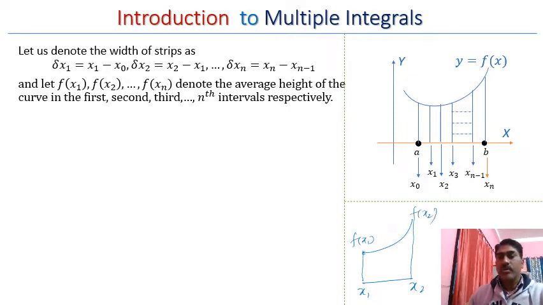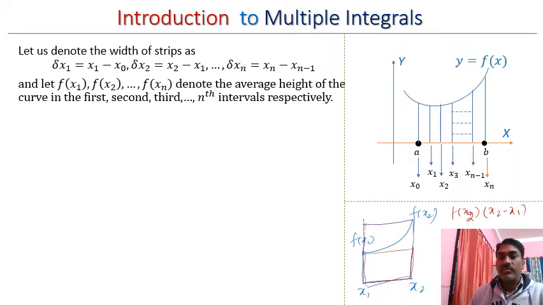Consider the area f(x1) times (x2 minus x1). This is the area I have marked in red. Alternatively, if you take f(x2) times (x2 minus x1), then you get this other area.